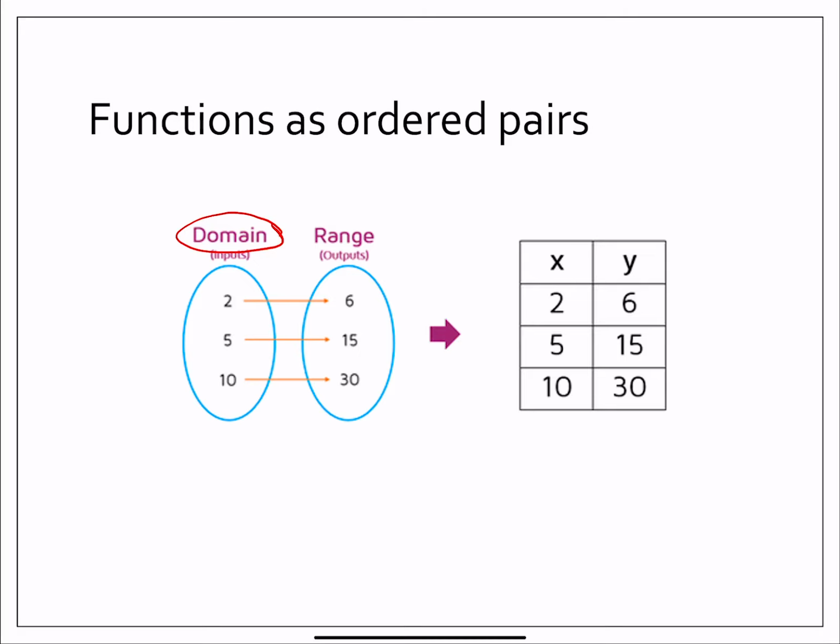And the domain is all of the possible inputs, or not all of the possible inputs, because again, you can put anything you want into a function, but it's all of the inputs that make sense, right? All of the inputs that make sense, right? And that's kind of key.